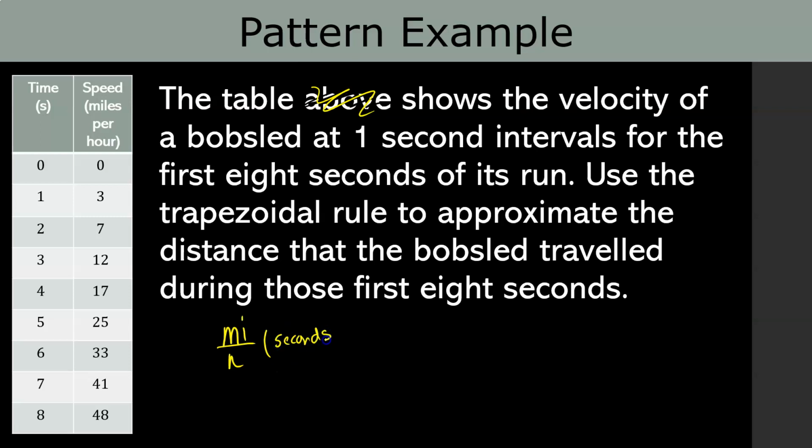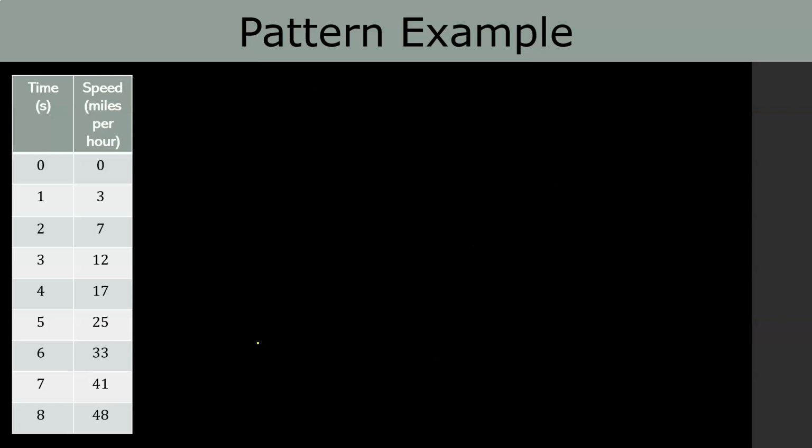Those aren't exactly going to divide out, so I want to get rid of hours. So 1 hour over 3,600 seconds. Oh yeah, sweet. We're going to get the number of miles, and that looks like distance traveled. I suppose we could change the times too, but let's just worry about the numbers.